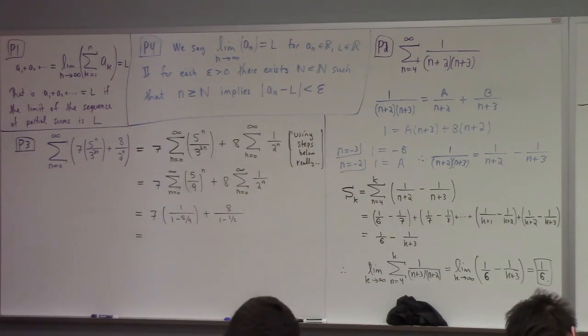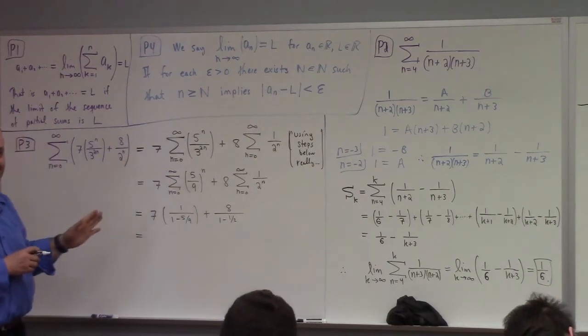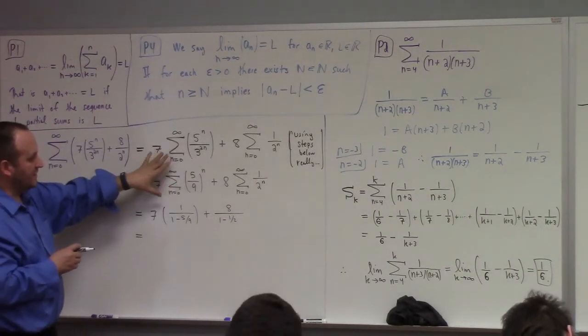Whether or not I can pay that back depends on after I work through the details of the series that I have on the right-hand side. If they actually both converge, then this was a legitimate step. If after you do this, one of them's infinity and one of them's minus infinity, well, that step is not allowed. But this one is allowed.